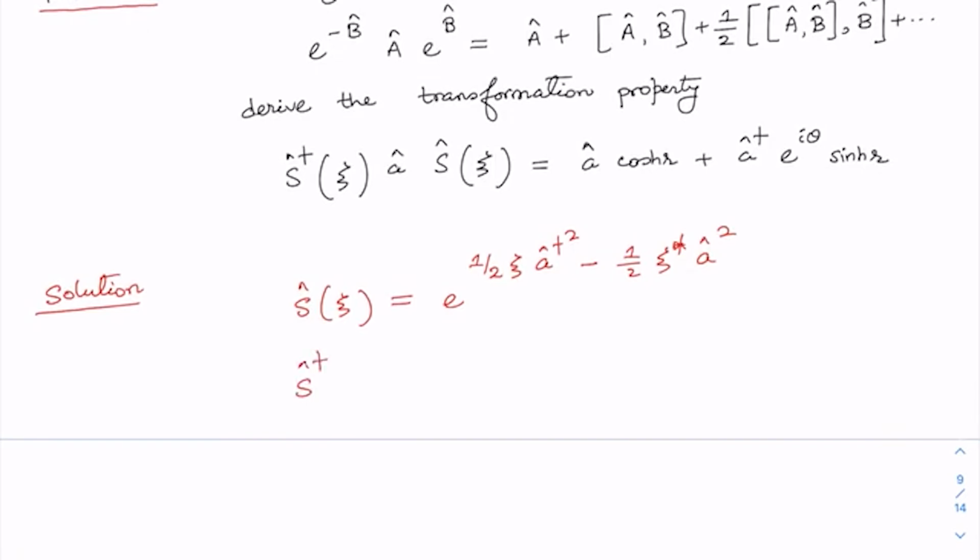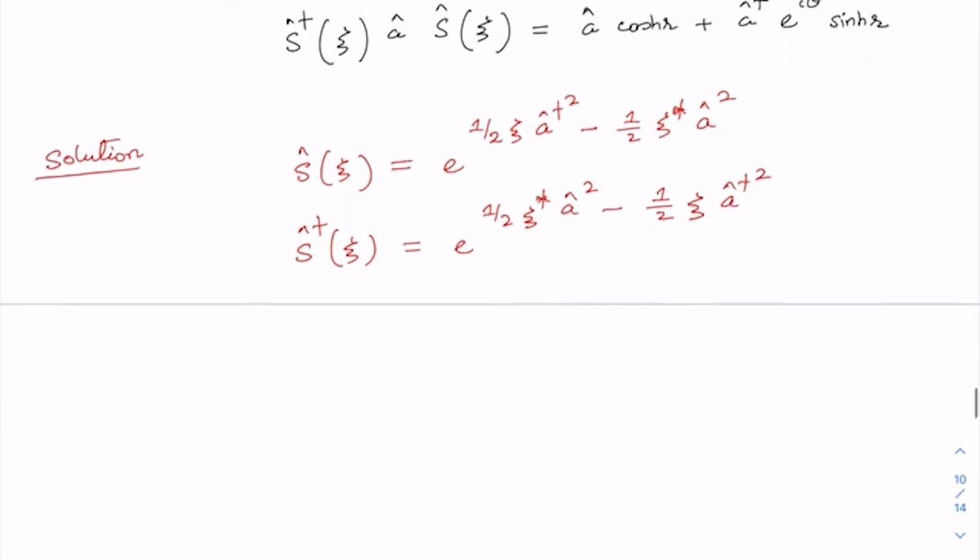Then S dagger(ξ) would be equal to e to the power half ξ star a square minus half ξ a dagger square. Now we have to simplify S dagger(ξ) a S(ξ).